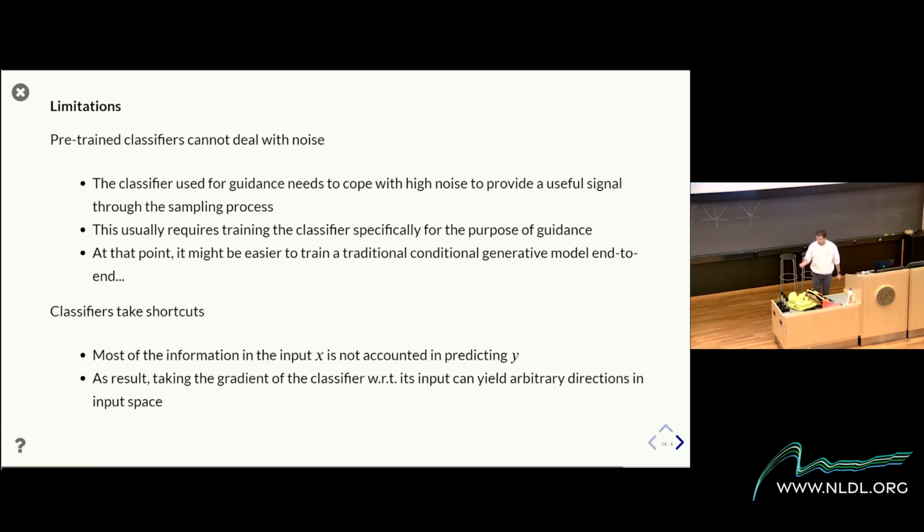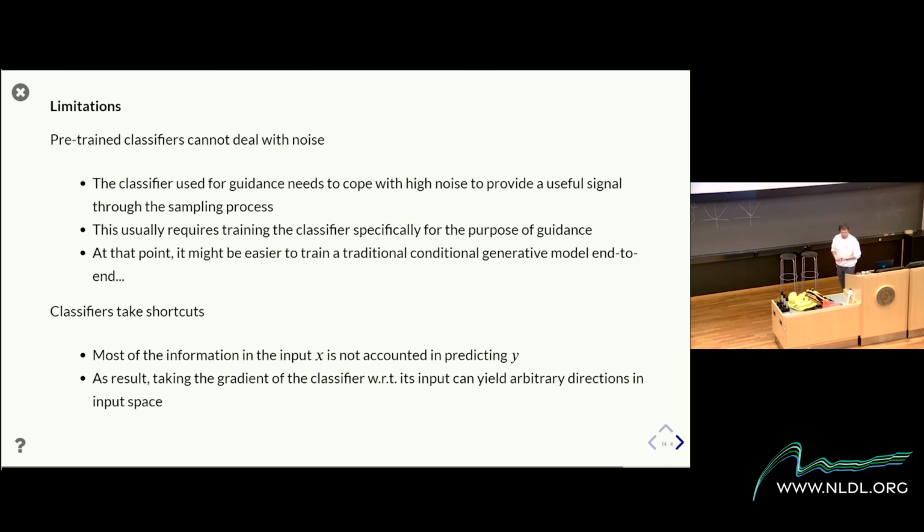It's not taking into account every pixel of the image. It doesn't take into account the length of the fur or the length of the nails of the dog. It's enough to detect some feature to say, okay, that's a dog, and I'm pretty sure about that, or this is a car. But for a generative model, if we want to generate an image of a dog or a car, we have to take into account all the details. We cannot take shortcuts.